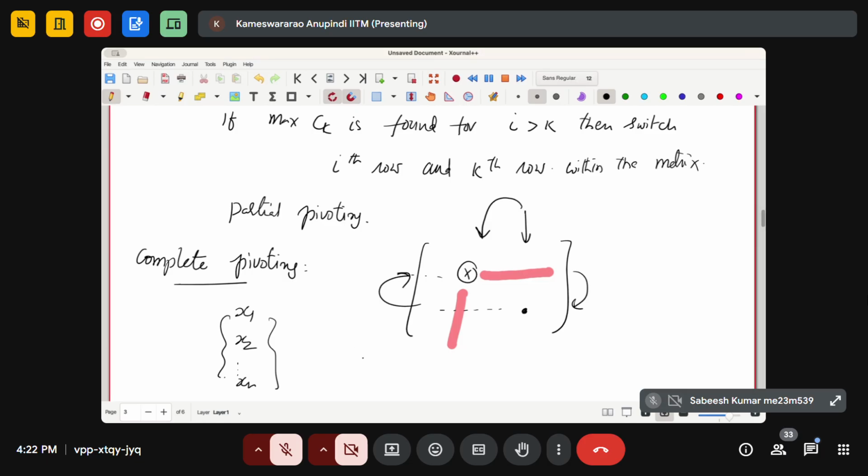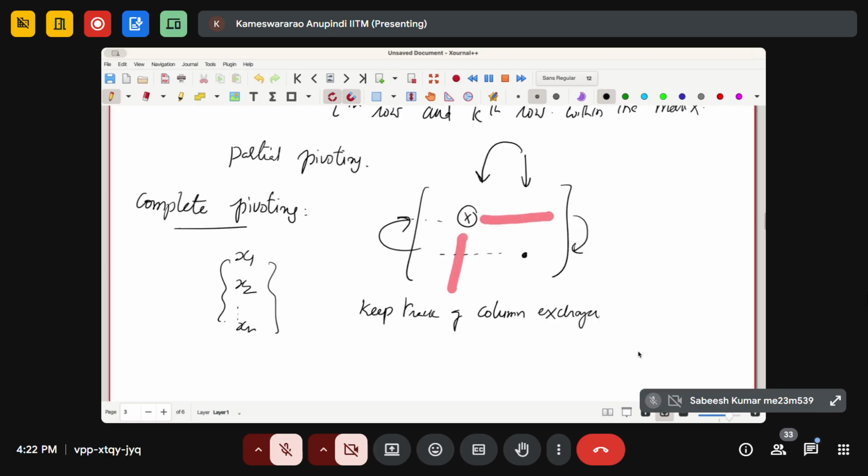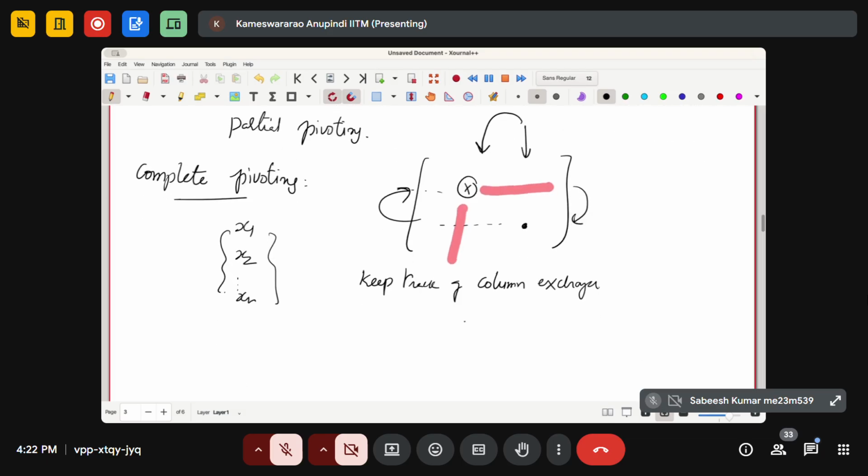So you have to keep track of column exchanges such that the unknowns are brought back to the original position when the solution needs to be found. Okay, keep track of column exchanges so that they are replaced while calculating the solution vector.